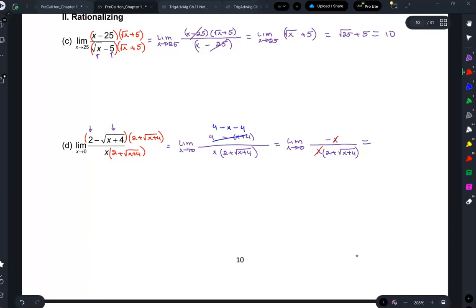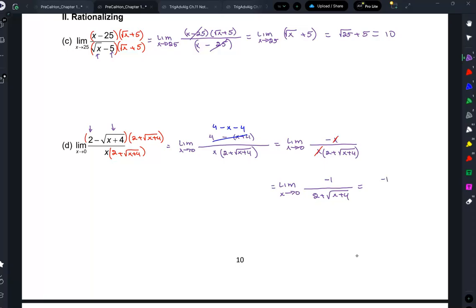So now what I have is the limit as x approaches 0 of negative 1 over 2 plus root x plus 4. Now I plug it in. So I have negative 1 over 2 plus 2, 4.